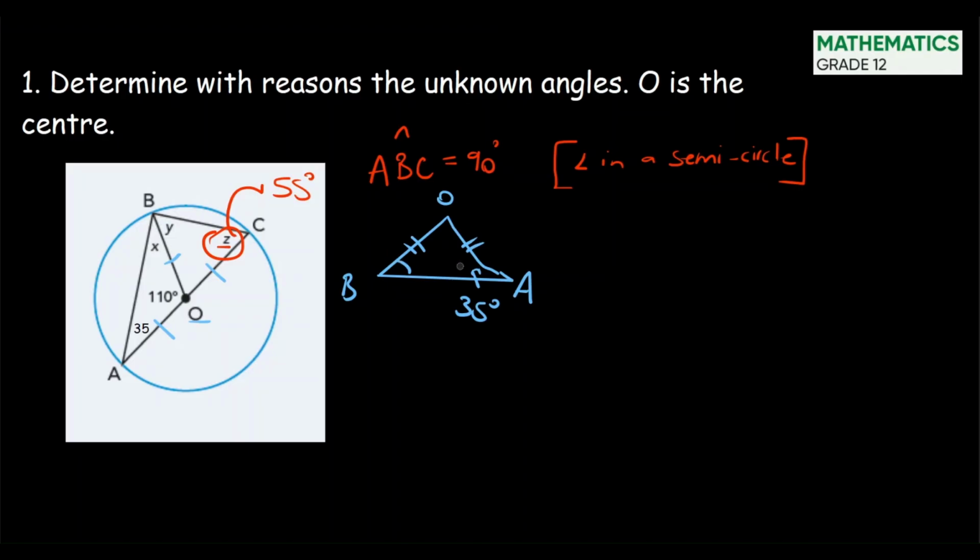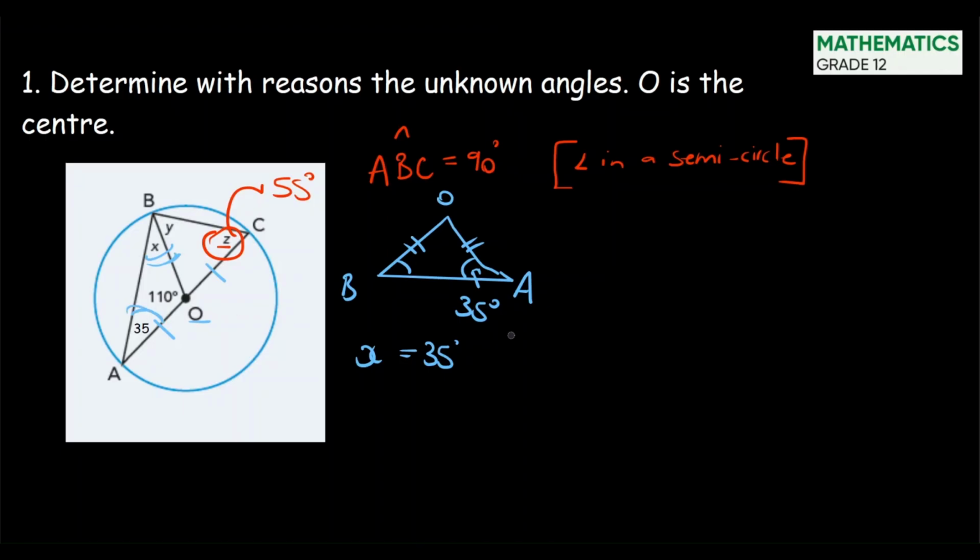So the property of an isosceles triangle is that when two sides are equal, the base angles opposite them are also equal, meaning we can say that angle X equals 35, because the base angles at the bottom there should be equal.